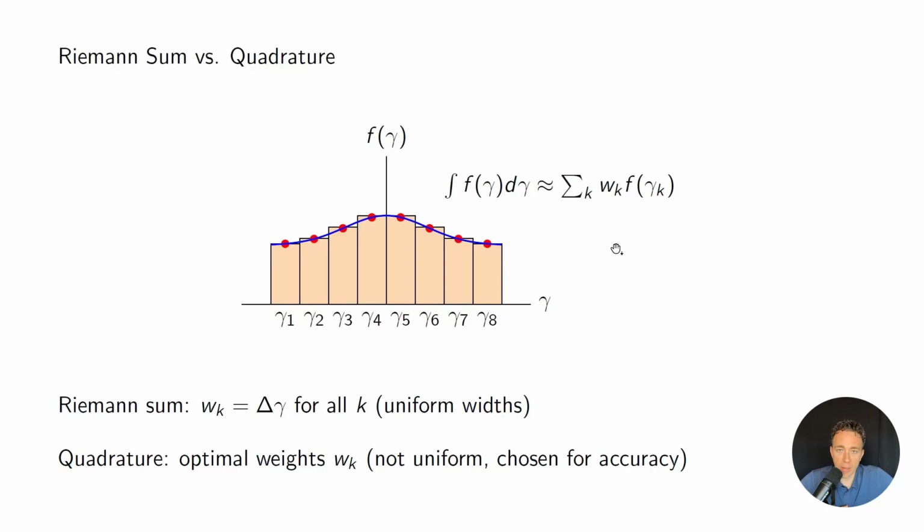So with a Riemann sum, we have the same delta gamma for our weights, like I was saying. For quadrature, I don't want to get too far into it in this video, but we can come up with optimal weights that will allow us to use many fewer grid points. And these weights are not going to be uniform, but they are going to be derived for accuracy.